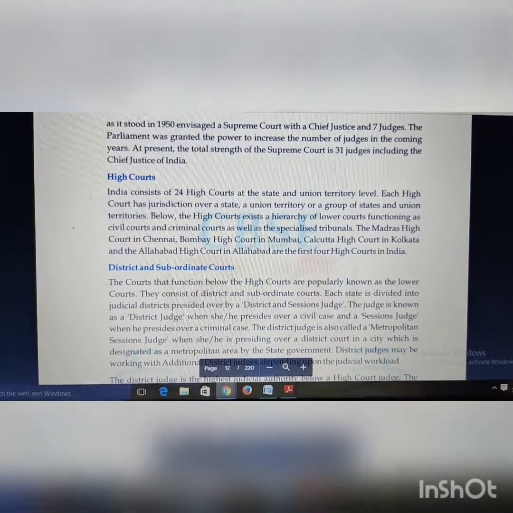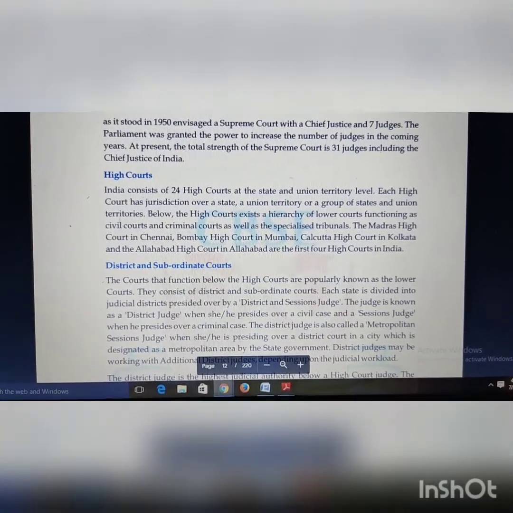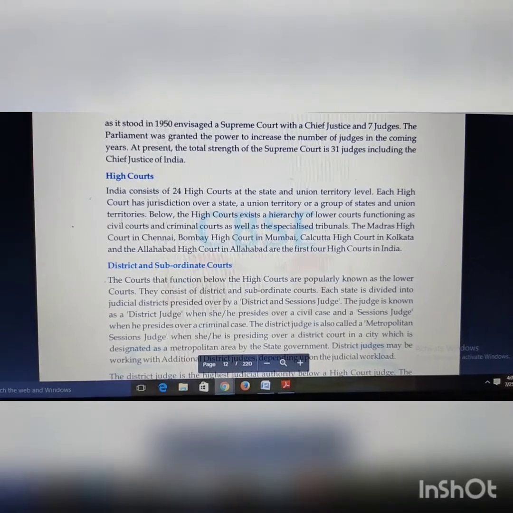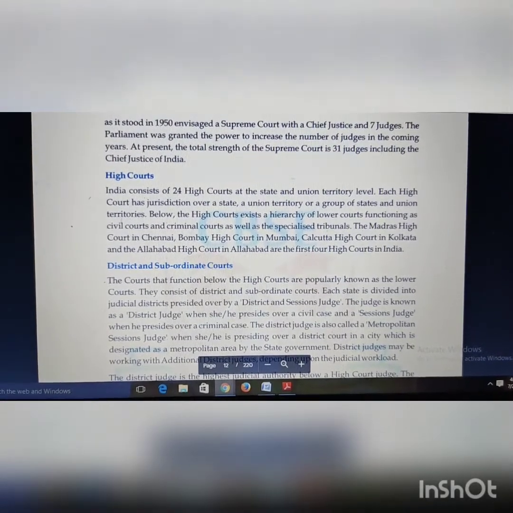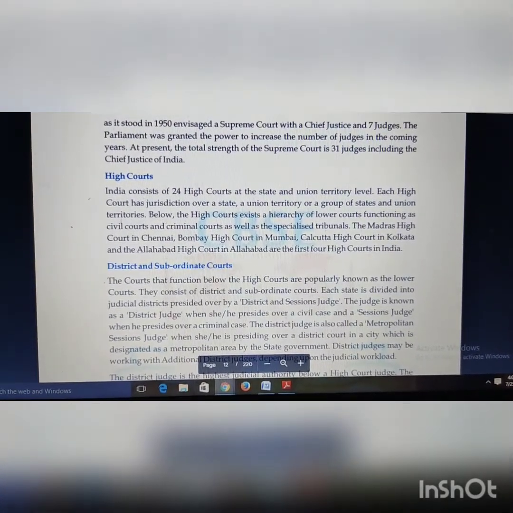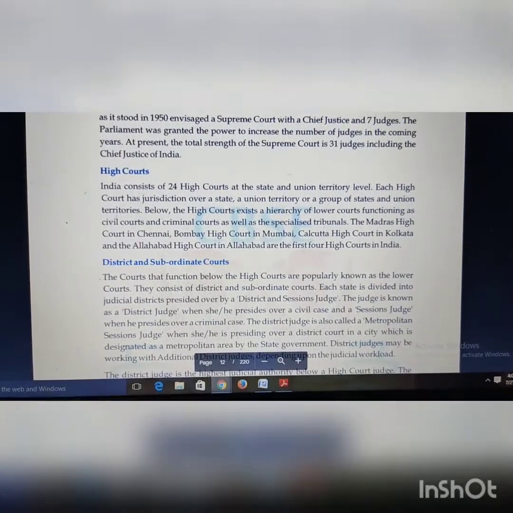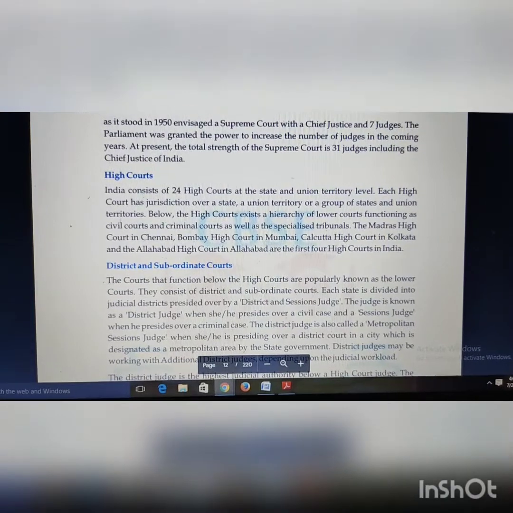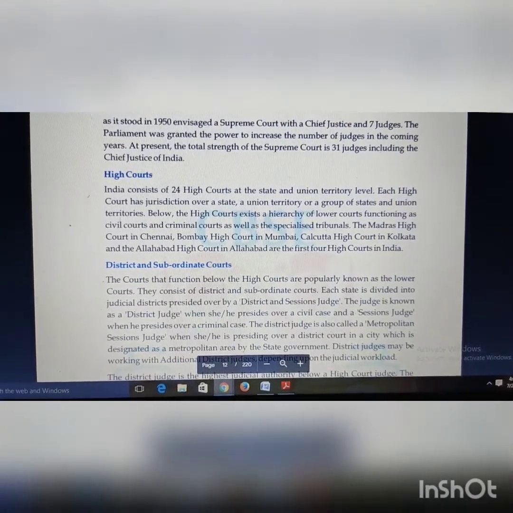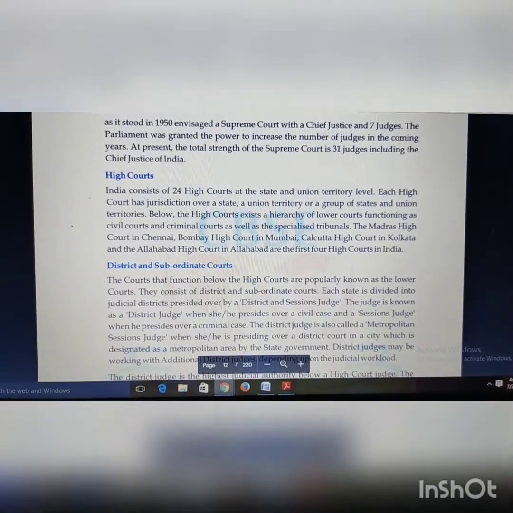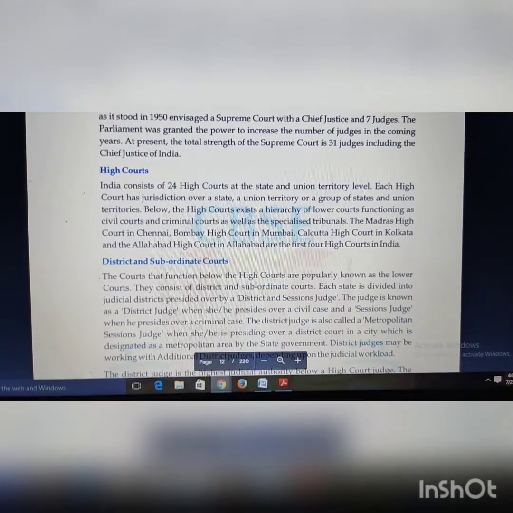So Allahabad High Court is in Allahabad, a big city of Uttar Pradesh. Below the high courts exist a hierarchy of lower courts functioning as civil courts, criminal courts and specialized tribunals. Madras High Court in Chennai, Bombay High Court in Mumbai, Calcutta High Court in Kolkata and Allahabad High Court in Allahabad are the first 4 high courts of India.